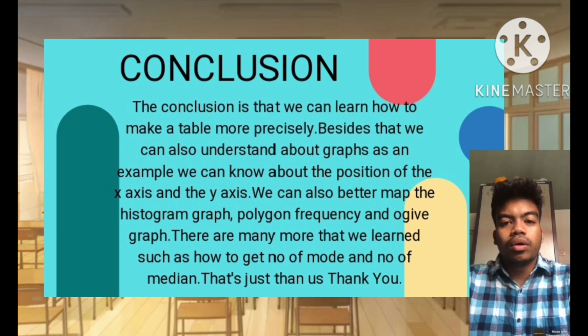We can also better make the histogram, frequency polygon, and Ogive graph. There are many more. Then we learn how to get the mode and the median. That's all from us, and thank you.